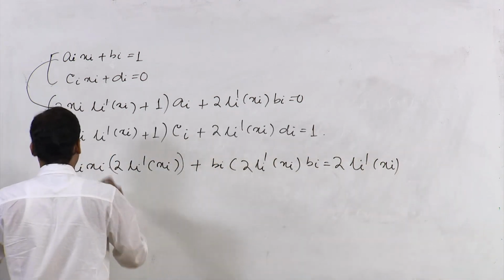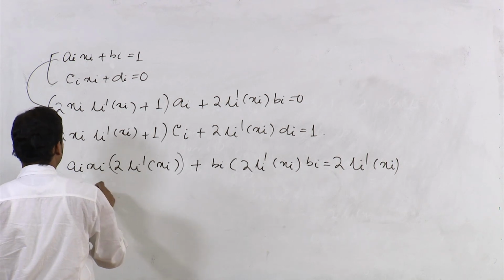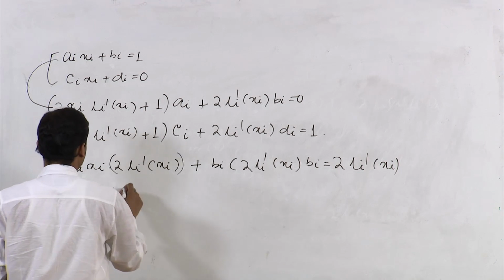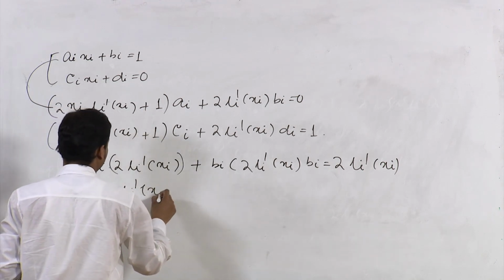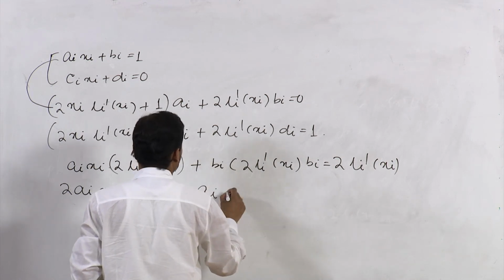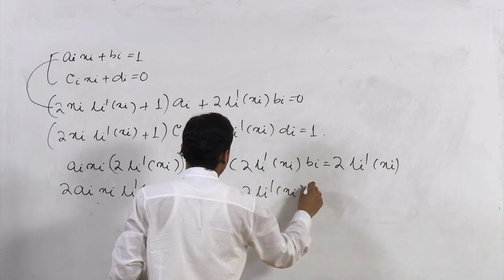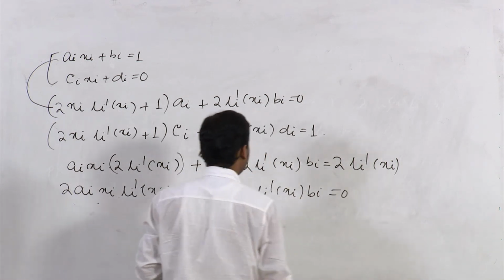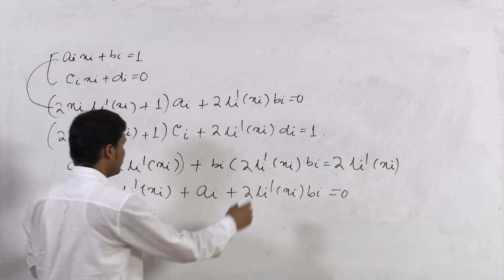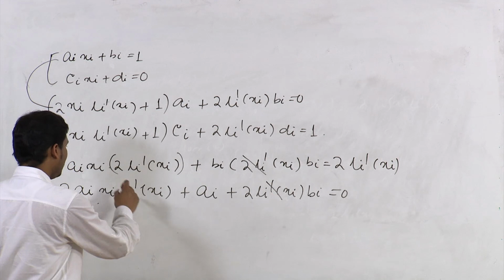And this equation can be written in the form of like ai xi li dash of xi plus ai plus 2 li dash of xi bi, this equals to 0 here. So if you will just subtract, then this term will cancel out, and this term also here cancel out.